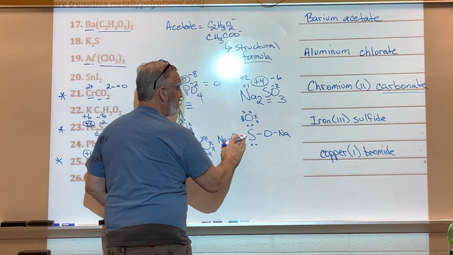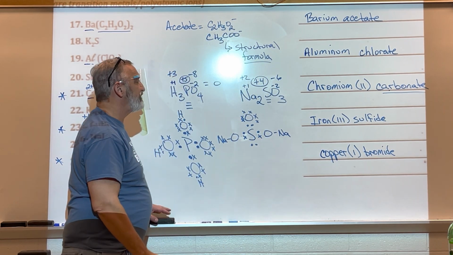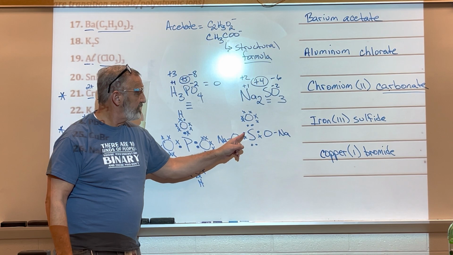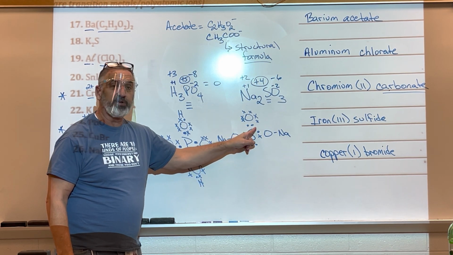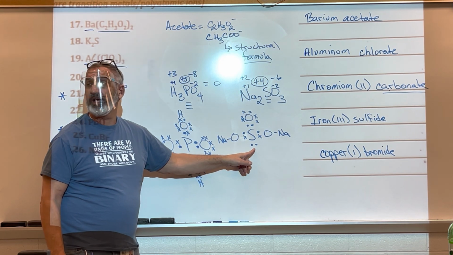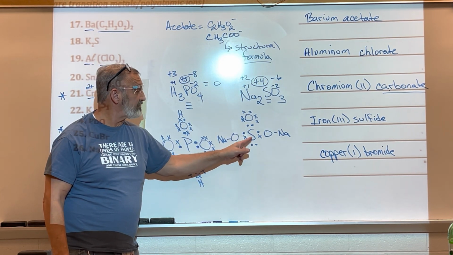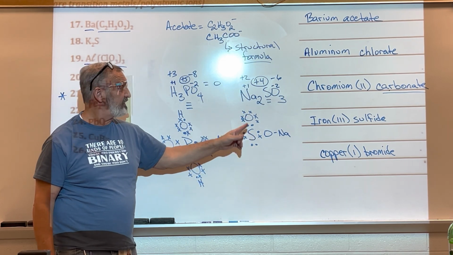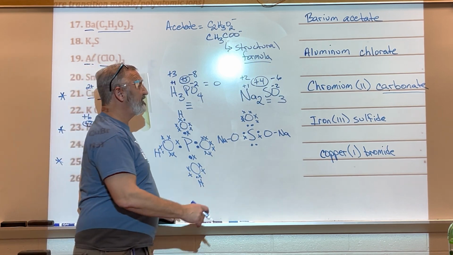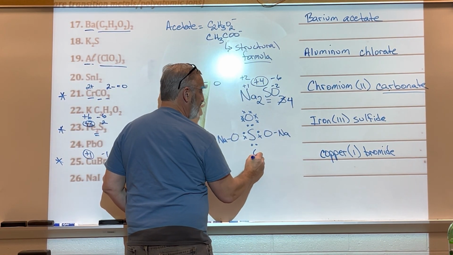So how many of sulfur's electrons are actually now involved in bonding? 1, 2, 3, 4. These are lone pairs, they're not involved in bonding, they're just there. It's got 6 valence electrons, but only 4 of them are actually involved in bonding, so it's in the +4 oxidation state.